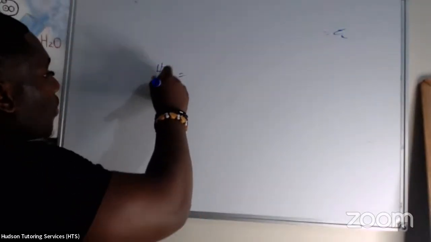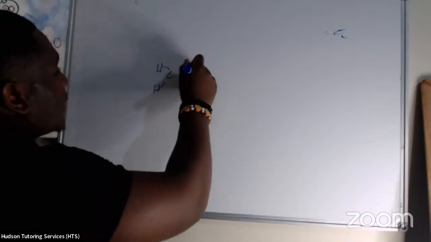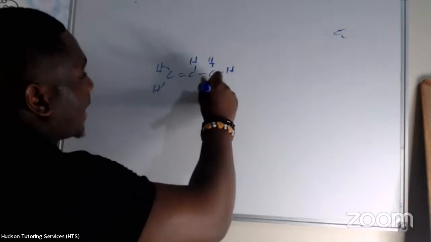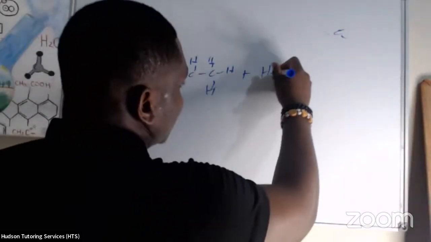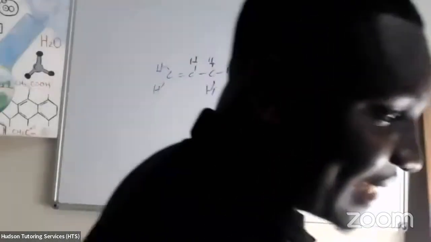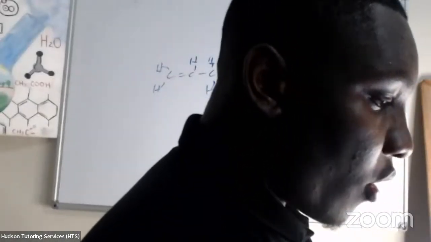So alkenes, this alkene here, reacts with X. So it reacts with steam, just H2O in gaseous form, to form alcohols. And the sulfuric acid will be acting as a catalyst in the overall reaction.